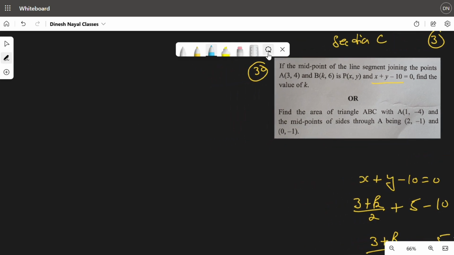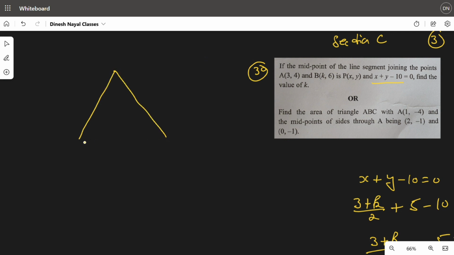Let's make the diagram for this first. Okay, now this is the triangle. This is A. A is (1, minus 4).